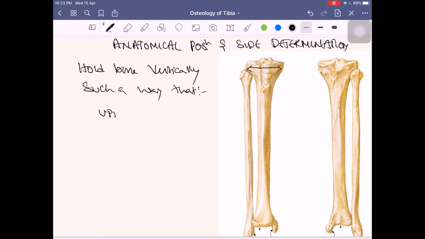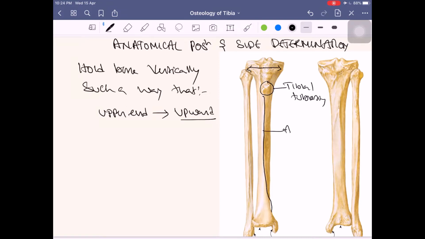And how do we know which is the upper end? It is expanded, and the condyles should face upward. Then you have a tuberosity, this elevation, which we call the tibial tuberosity. Along with this, the border which is running down we call the anterior border, also called the shin border.